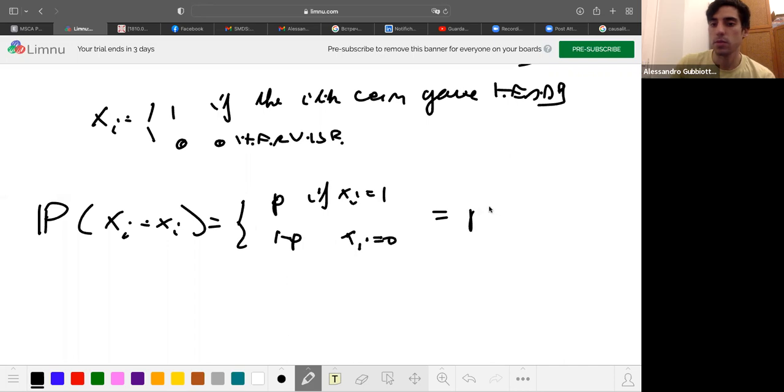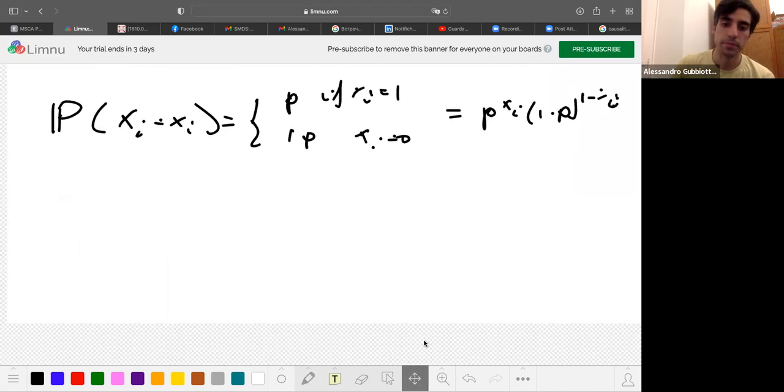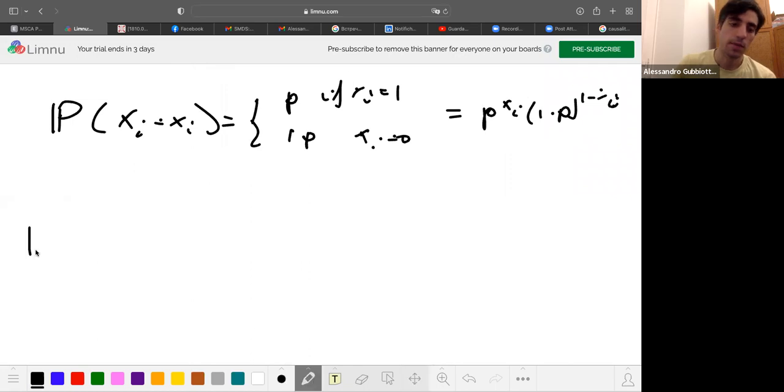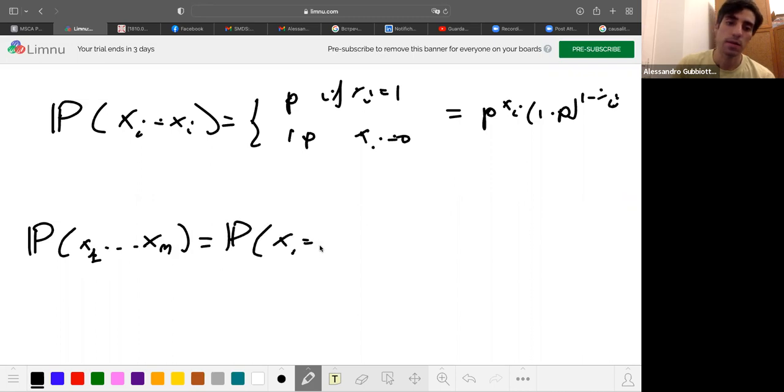And this is equal to p to the power xi times 1 minus p to the power 1 minus xi. Once again, to write the probability of a string, an outcome of n coin tosses, this is the probability that capital X1 is equal to little x1 and etc. up to Xn equal to little xn.